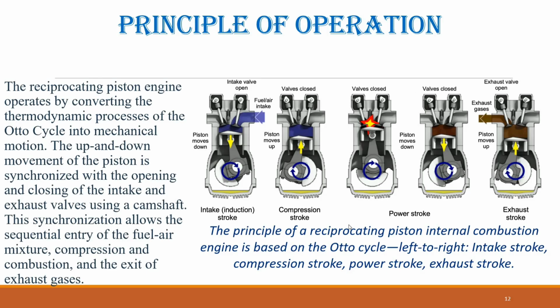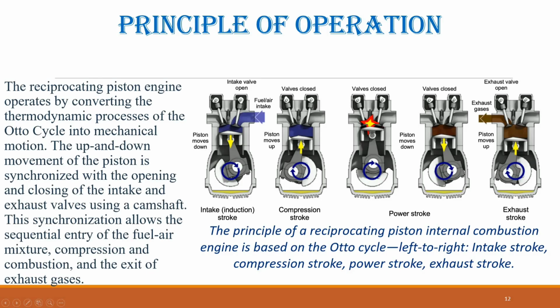The operation of a four-stroke engine can be summarized as follows. 1. Intake stroke. The piston moves downward and the intake valve opens. A carburetor or fuel injection system draws the fuel-air mixture into the cylinder. 2. Compression stroke. Both intake and exhaust valves are closed.